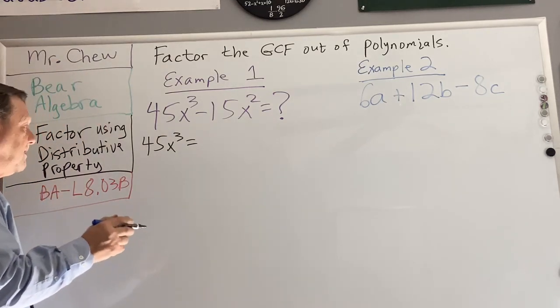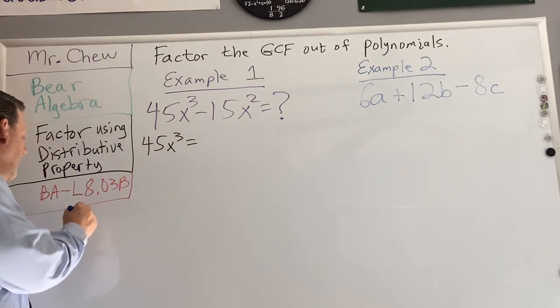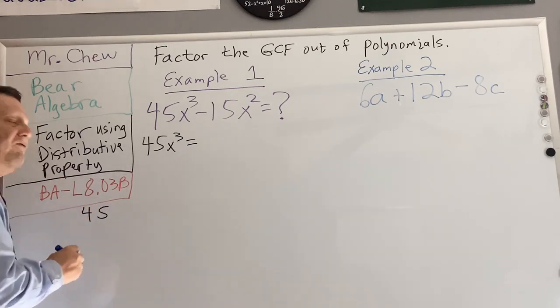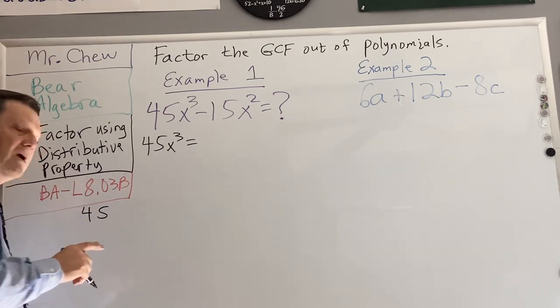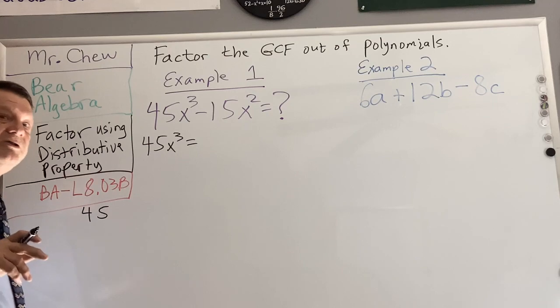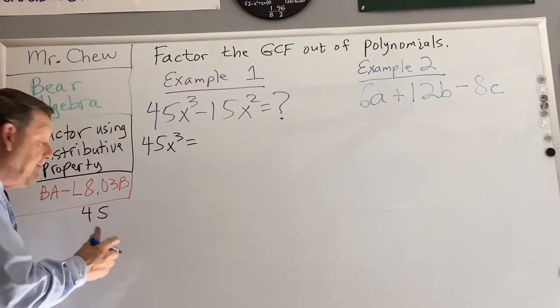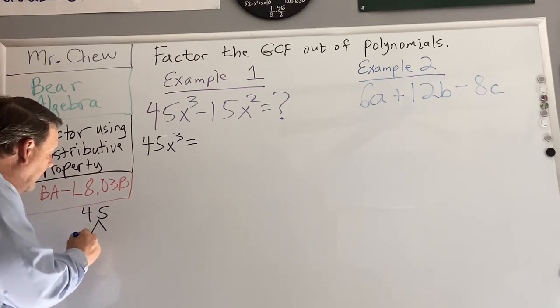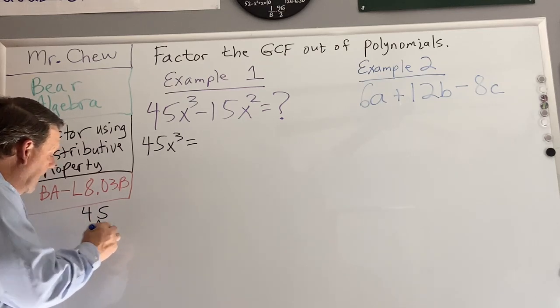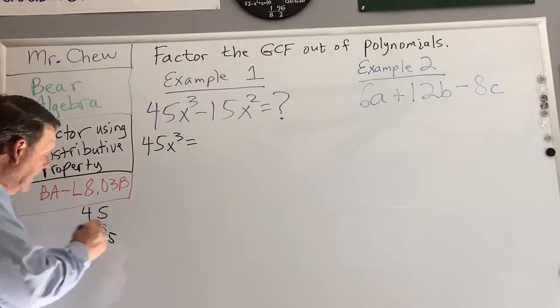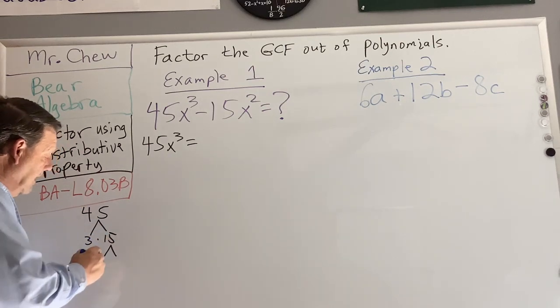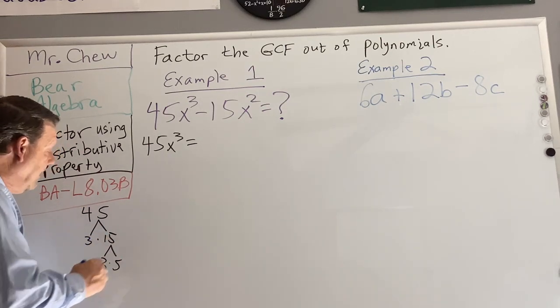The way that this is usually taught, they'll teach what's called a factor tree. I would always tell my students, divide by the smallest prime that you can divide 45 by. That ends up being 3, and 3 times 15 is 45. Then we take the 15, and that's 3 times 5.